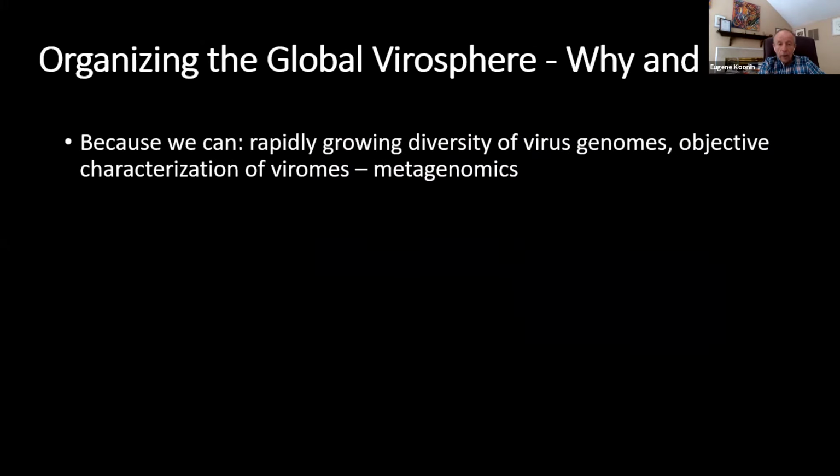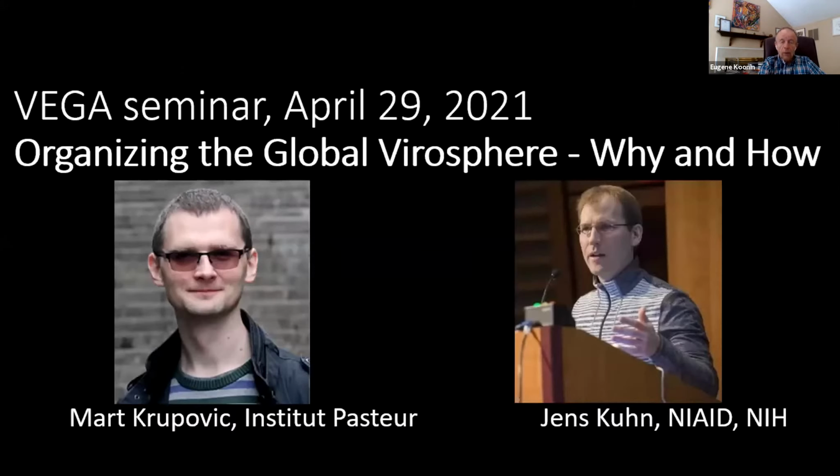Today, we are going to talk about organizing the global virosphere, why and how, and we have these two speakers, Mart Krupovic from Institut Pasteur in Paris and Jens Kuhn from National Institute of Allergy and Infectious Diseases at NIH here in Maryland.